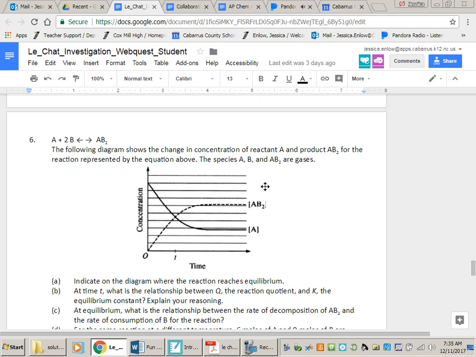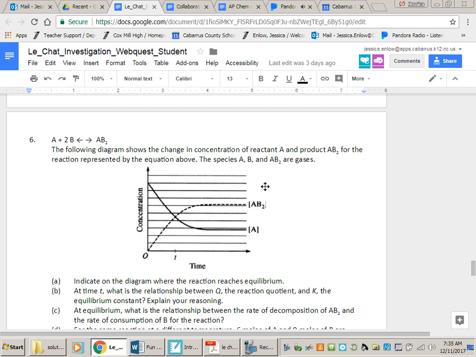So look at it now. This actually has nothing to do with the equilibrium aspect of it. You could look at the rates of change, but what we have graphed here is A and AB, which have a one-to-one relationship. So you should see that those are really close in their consumption and production. So look at B. B should be consumed how much higher?